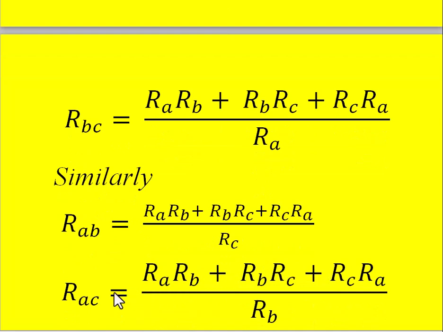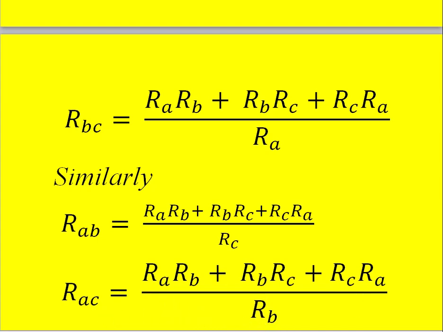Similarly, we can write the equivalent resistance in the delta with respect to terminals A and C, that is RAC, in terms of the known star values. RAC is equal to, first in the denominator you write RB, because here the AC letters are there but B is missing, so put that B here, that is RB.